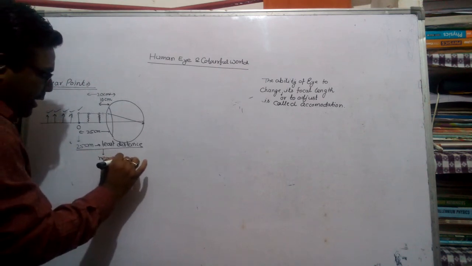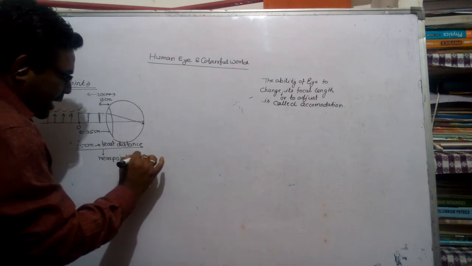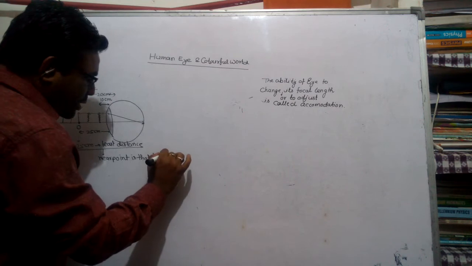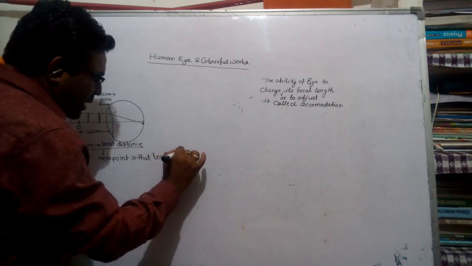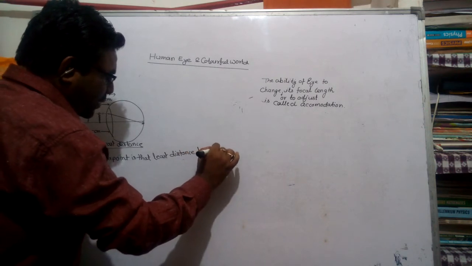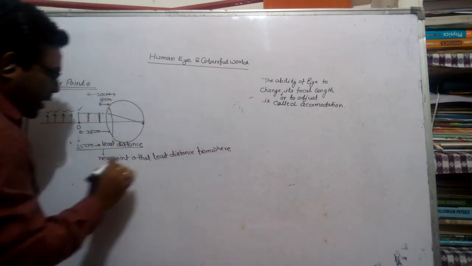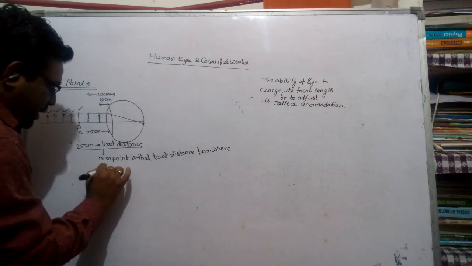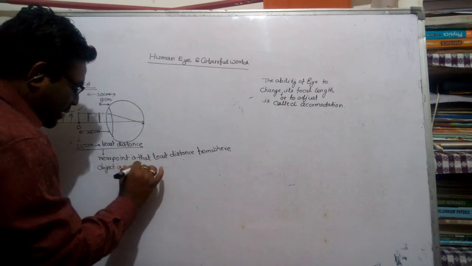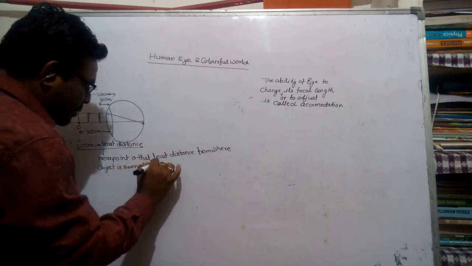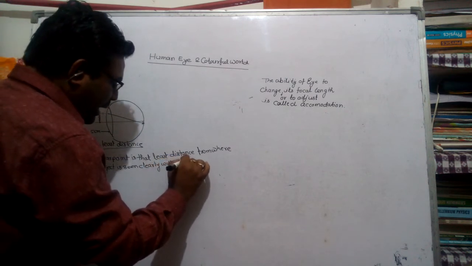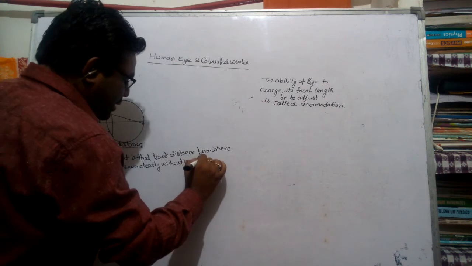Near point is that least distance from where an object is seen clearly without any stress.